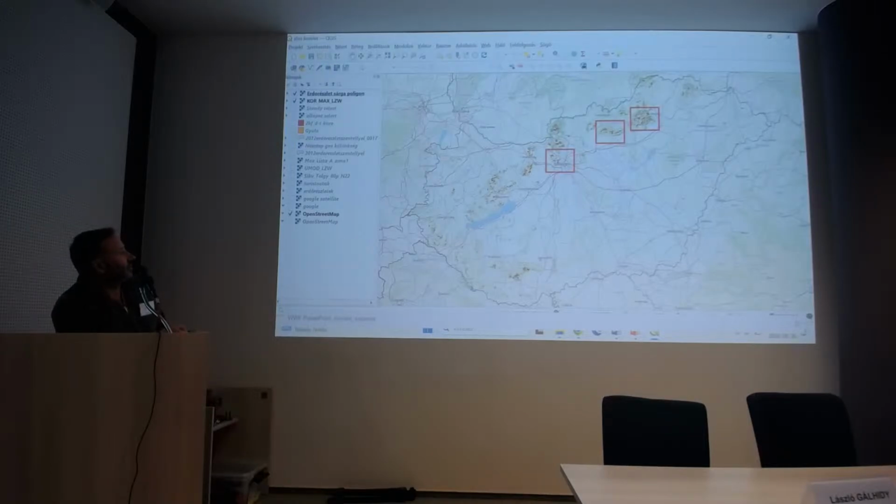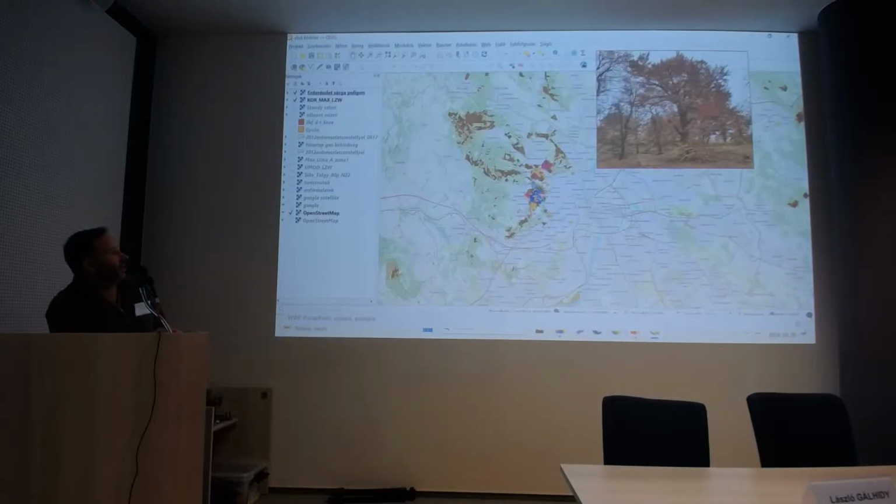Okay, let's have a closer look at these three patches. Interestingly enough, there is an old-growth patch very near to Budapest, the capital. So I think most laymen would guess that the oldest and most natural forests are somewhere in very remote places, which is not the case.